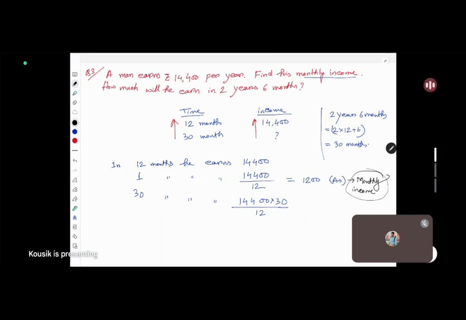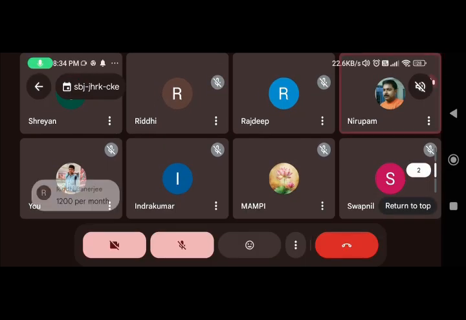Okay, and here we find 36000, this is his income for 2 year 6 month.